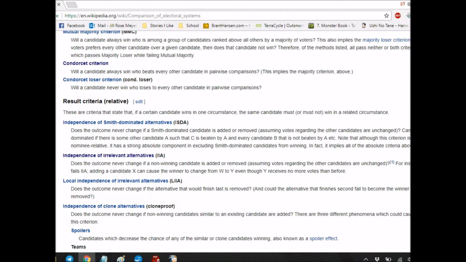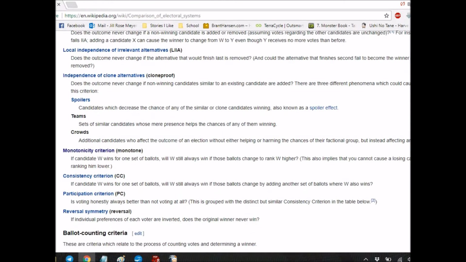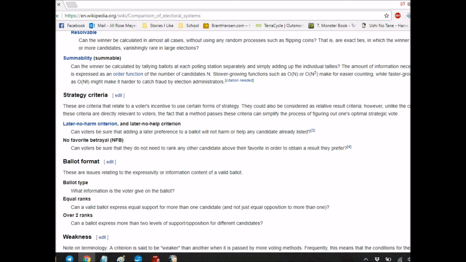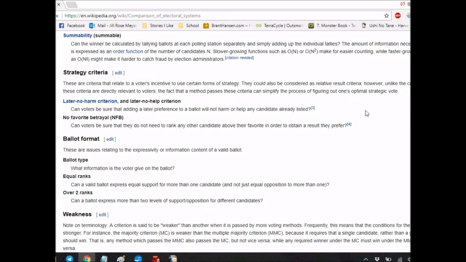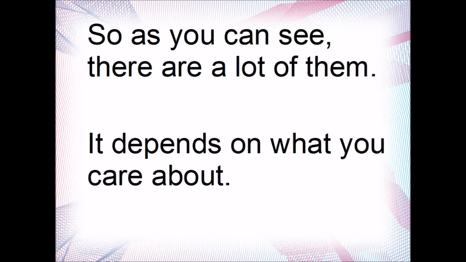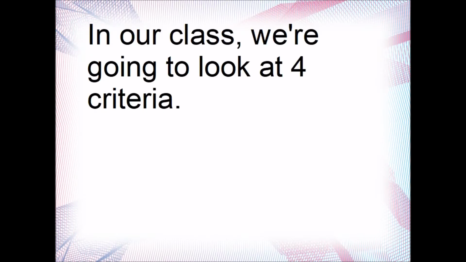I can just keep scrolling, and there are a lot of them. This is way too much for this class, but it just depends on what you care about. In our class, we're just going to look at 4 different fairness criteria, because they are related to what we have talked about before.